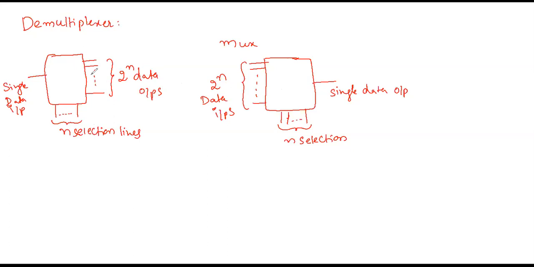Opposite to the multiplexer, we have the demultiplexer. In the multiplexer, depending upon the selection lines, the corresponding data input is connected to the output. Here also, depending upon the selection lines, the single data input is connected to one of 2 to the power of n data outputs.